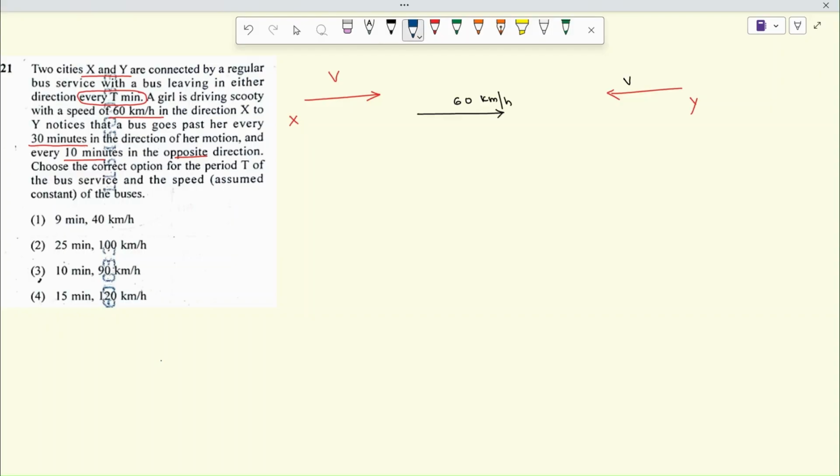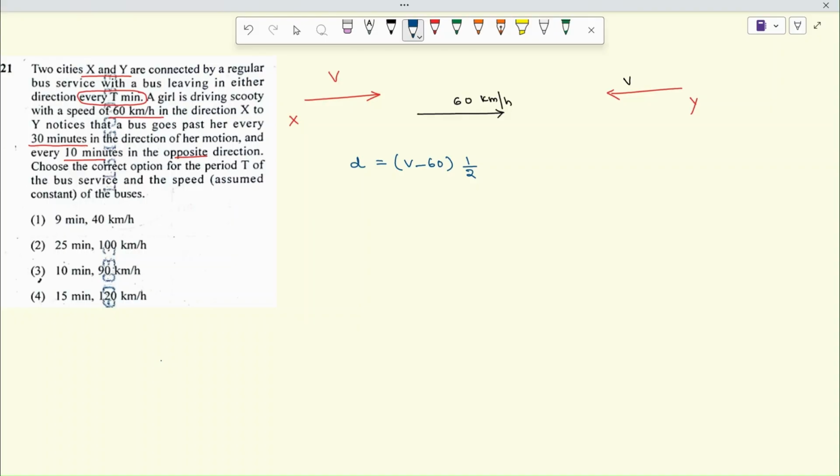Now let us say d is the distance traveled between two crossings by the bus, I mean, before two overtakings. So d is equal to v minus 60 into, let's say the time taken is t1, that is given here as 30 minutes. So half an hour, 1 by 2 hours. We are writing all distances in kilometers and speeds in kilometers per hour.